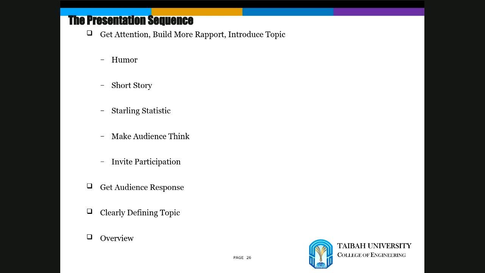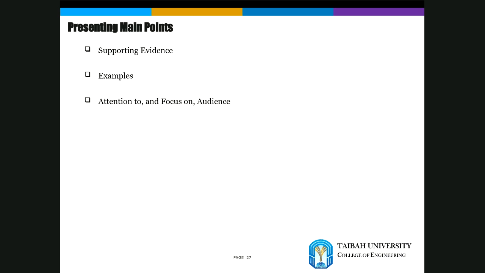Get the audience response, as I mentioned before. Clearly define the topic at the beginning. So, today our topic, I mean our project, is such and such. Try to define it, and then give an overview. Try to support your evidence. If you find some evidence, support it with graphs or figures.